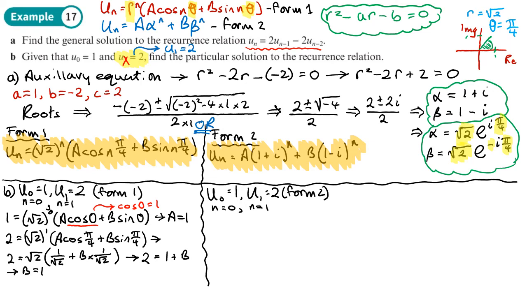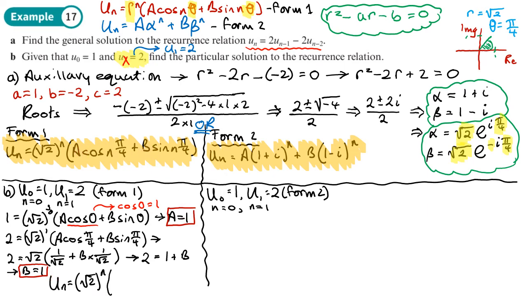So I'll just highlight those. These are the values of our arbitrary constants. So now we can write our particular solution, which is going to be un equals root 2 to the power n, and we just replace a and b with 1 and 1, so that's nice and easy.